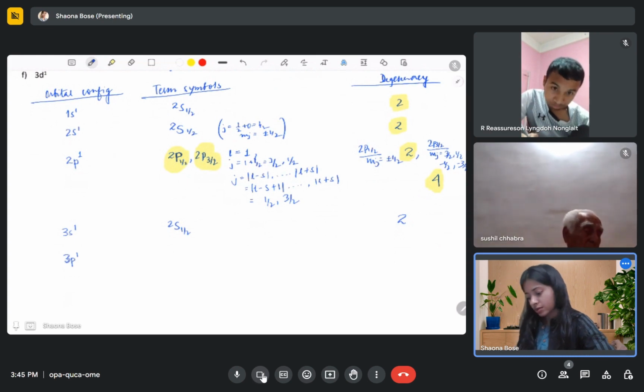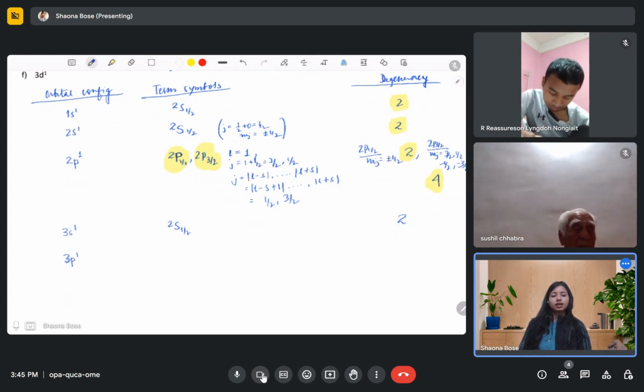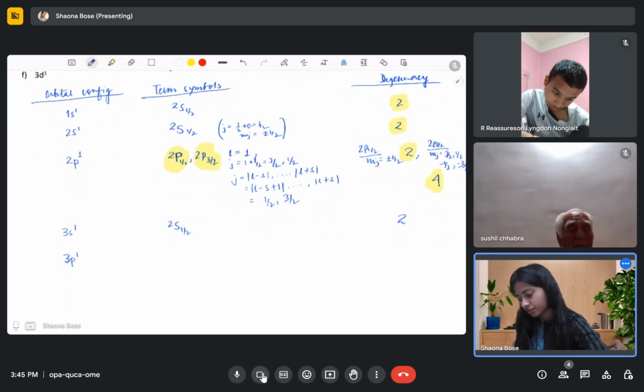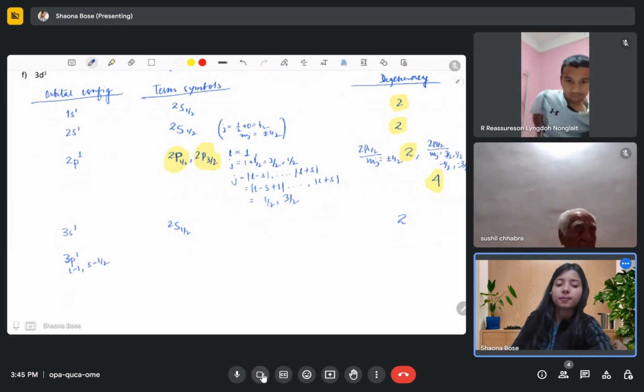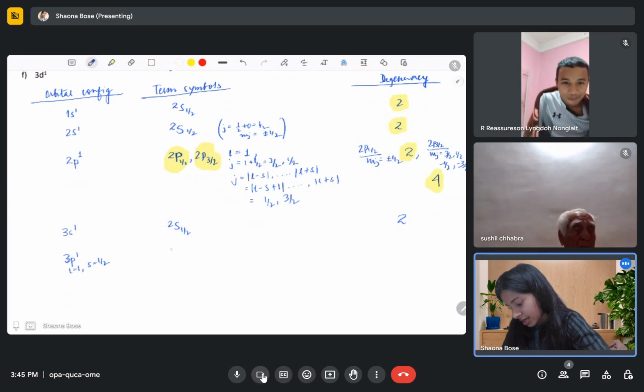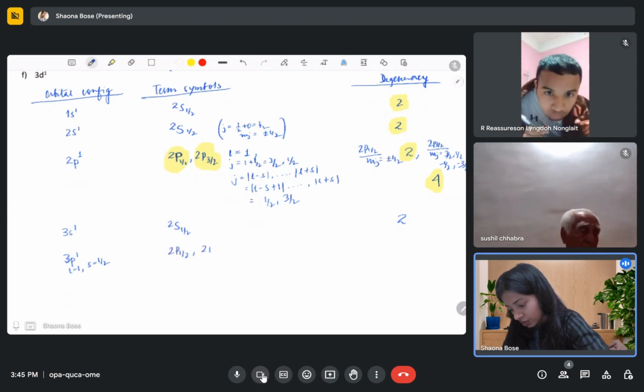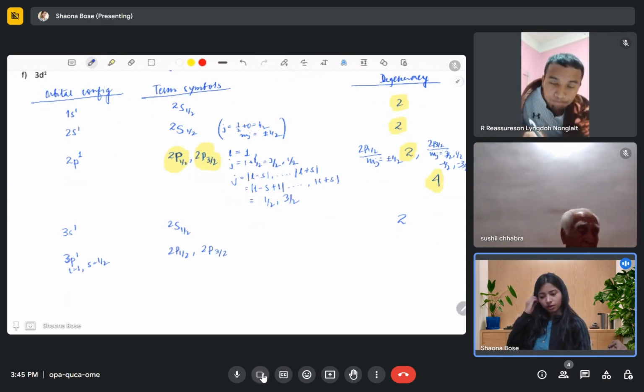Now the 3p1 state. What will this be? Again, it will be as we've seen for the 2p1 state, because basically even here L is 1 and S is half, so you add them up and you will get the same 2p half and 2p 3/2.